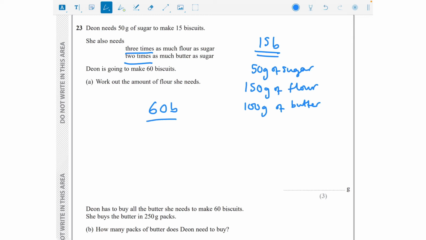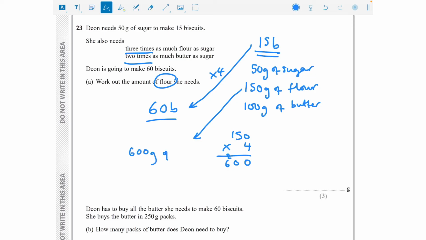So we need to take those amounts and times them by 4, because 15 biscuits times 4 would make 60 biscuits. We're only interested in flour for this question, so we times the amount of flour by 4, and that would be 150 times 4. 4 times 0 is 0, 4 times 5 is 20, 4 times 1 is 4, add the 2 is 6. So that would be 600 grams of flour.